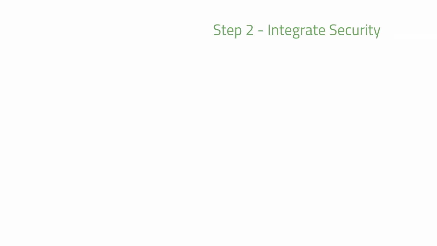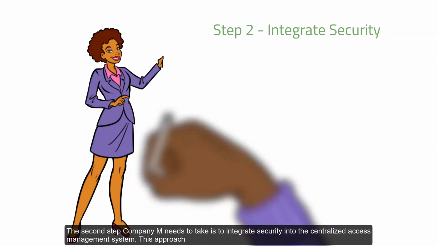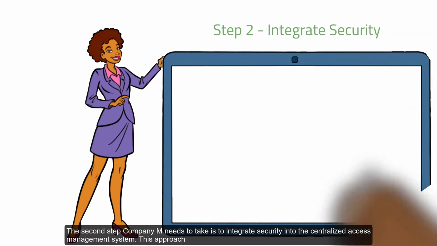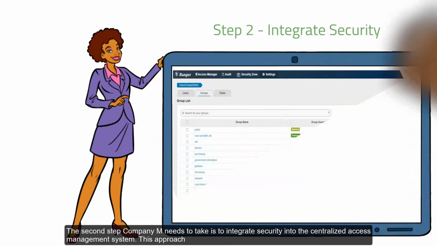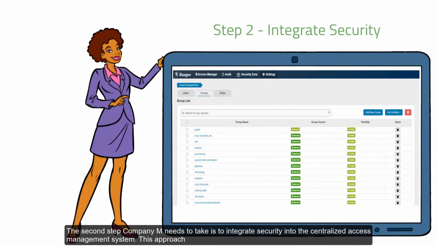The second step Company M needs to take is to integrate security into the centralized access management system. This approach involves group access management and data access management.